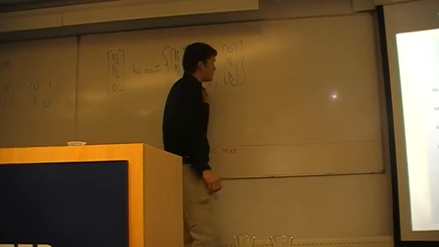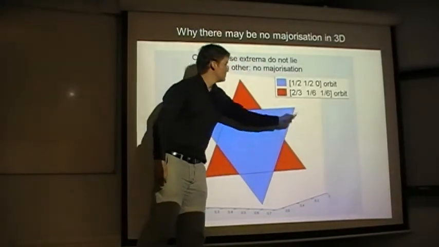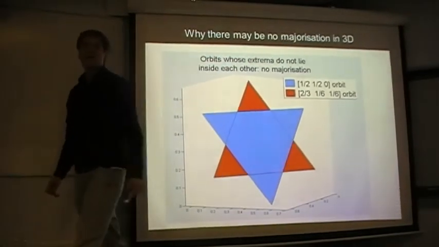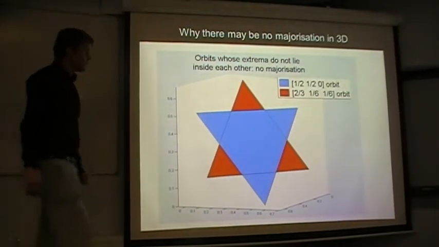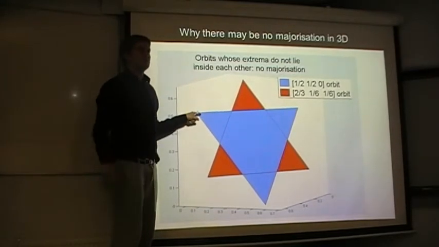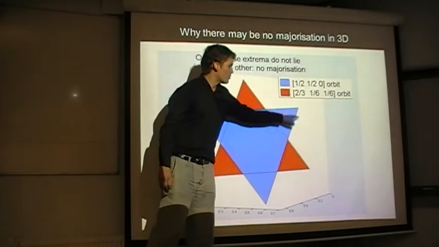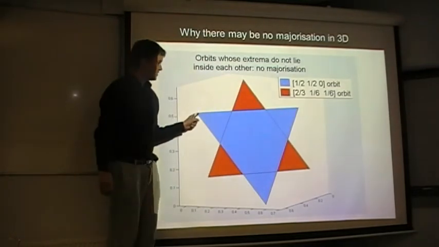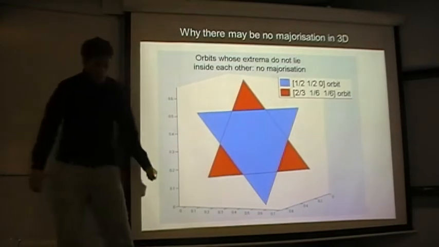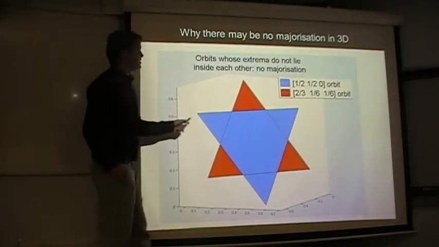Those are the vertices of this blue triangle here. The blue triangle itself is the convex hull, so all the probabilistic combinations of these three states are inside here.